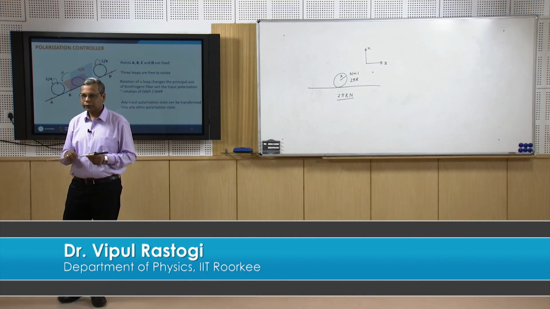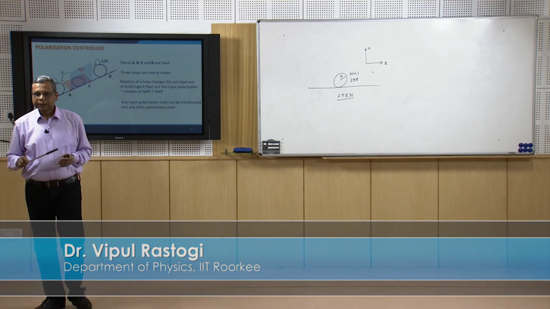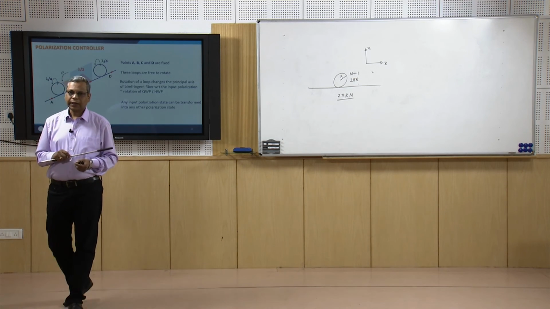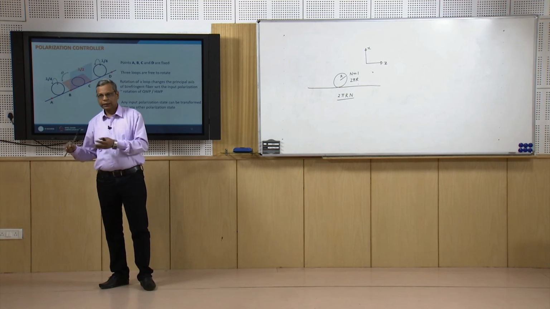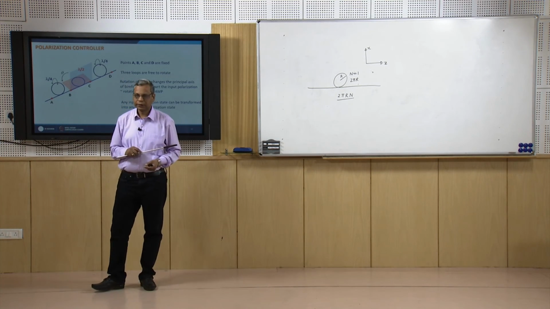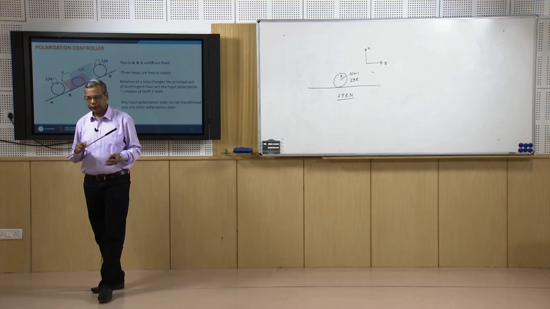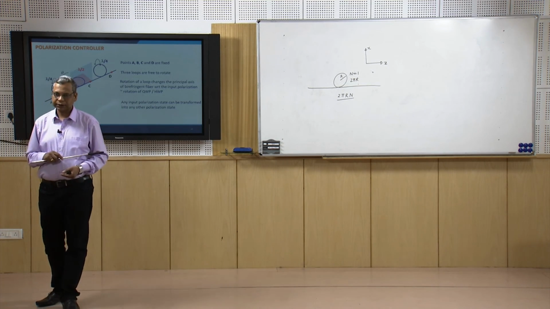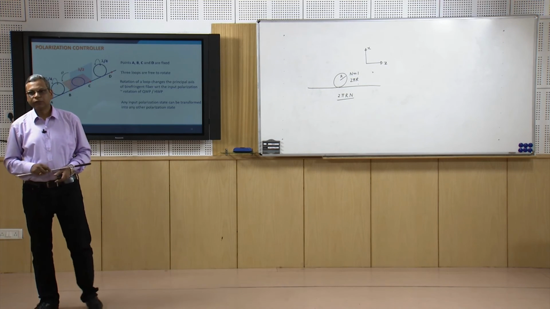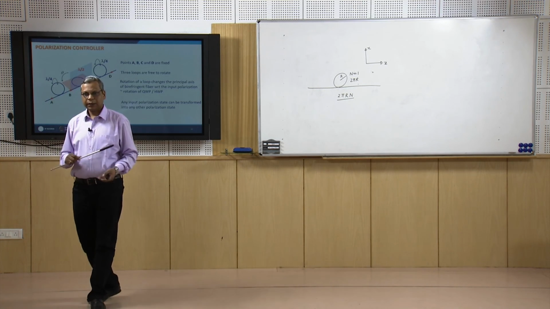So, with the help of this we can make several components, we can have applications of these components in different devices, in telecom devices as well as in sensing devices. So, we will study these fiber gratings in the next lecture.